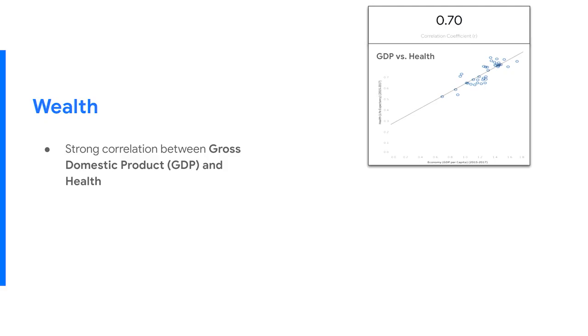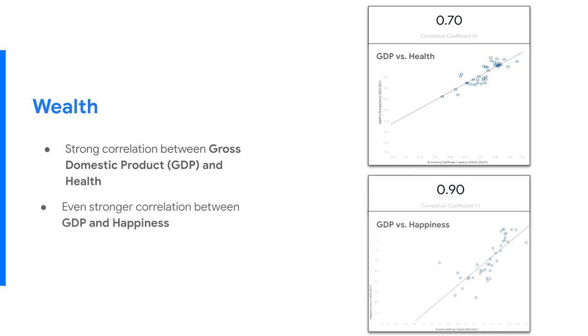Because if we know that GDP is related to health, and we know that health is related to happiness, then we can infer additional information through that. So we found that there is a strong correlation between gross domestic product and the overall health of a specific country, with a 0.7 correlation coefficient, so higher than the overall correlation coefficient for health and happiness.